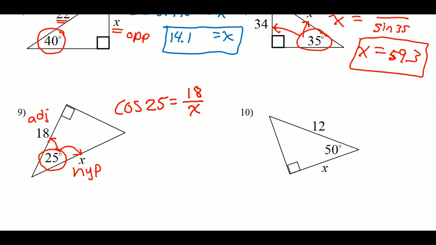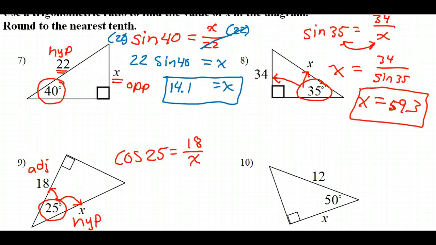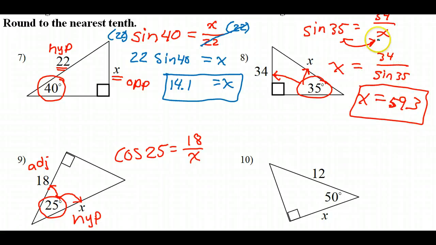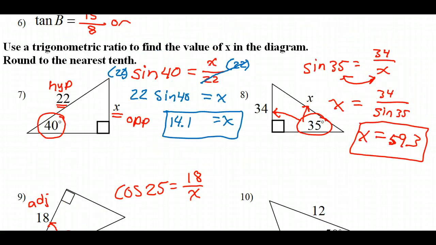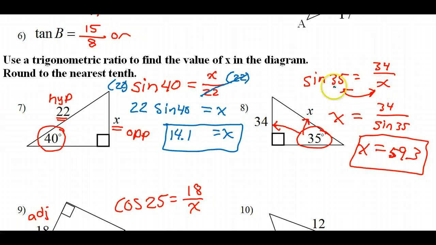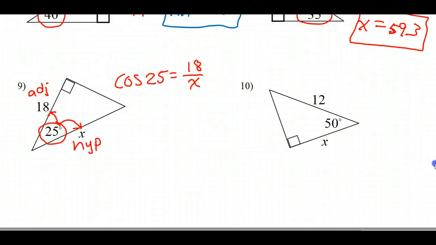Now, remember the shortcut that I just showed you on problem number 8. Anytime you have x in the denominator like this, you can take the side that's by itself and swap it with the x in the denominator. In general, say I have p over q equals n.